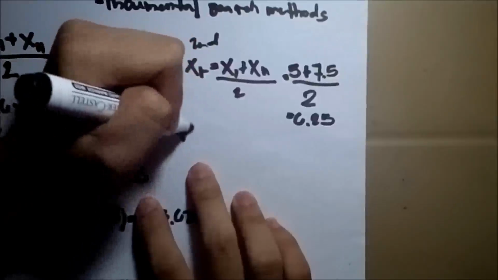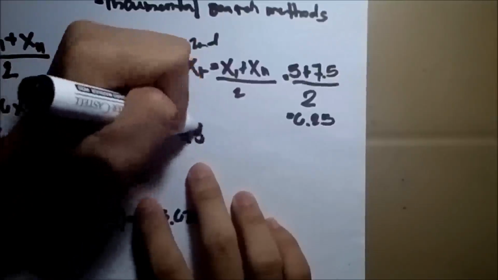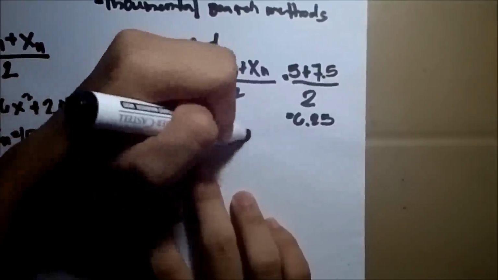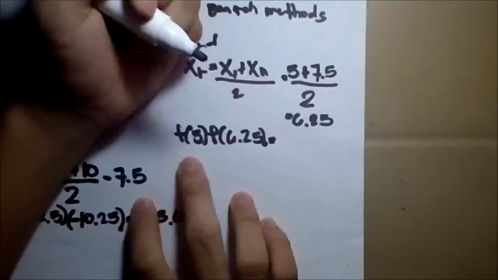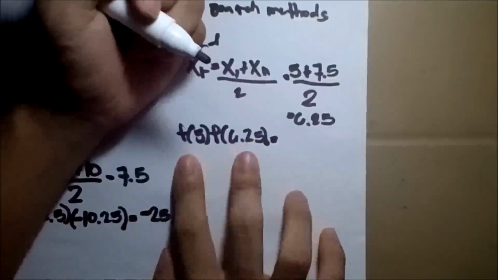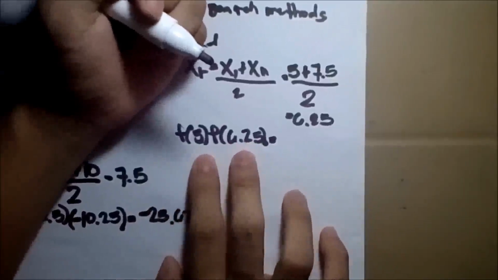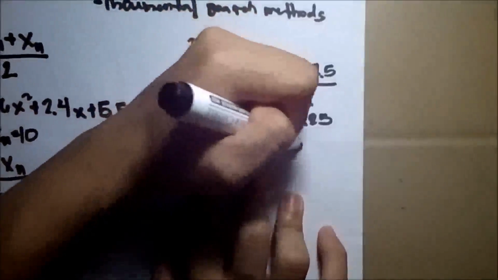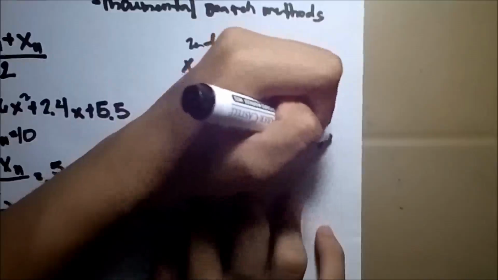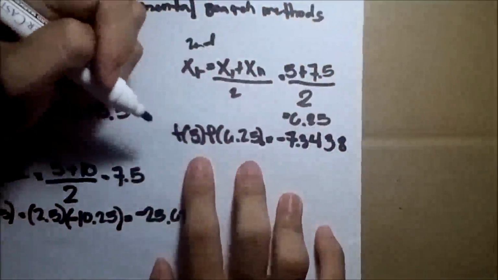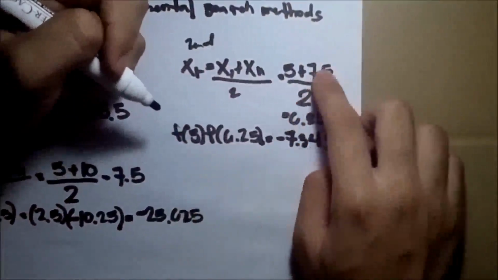So we must multiply the function of 5 times the function of 6.25. The answer of this multiplication of these functions is negative 7.3438, which means the real root is in the interval of 5 and 6.25.